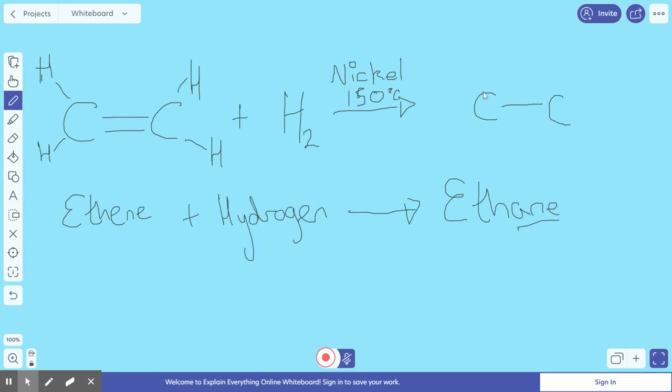Each carbon wants 4 bonds, still, just as it did over here. This carbon's now only got 1 bond coming out of it, so we're going to have to draw 3 additional bonds, so then it's got 4 bonds coming out of it. We're going to add a hydrogen onto each of these because that is what is added.